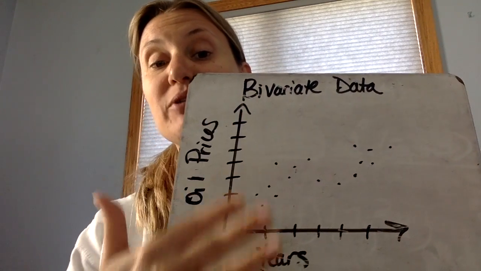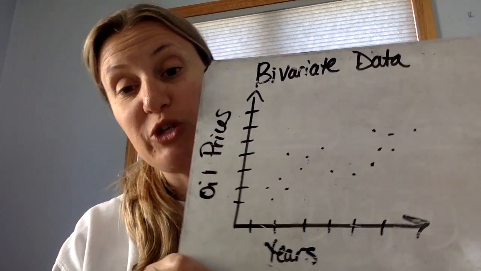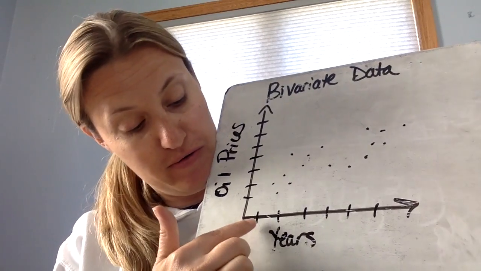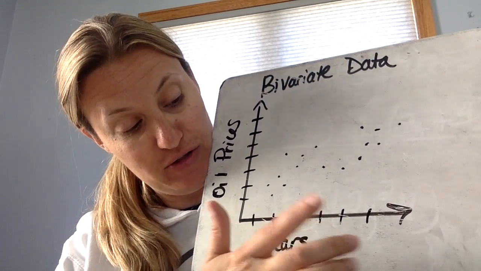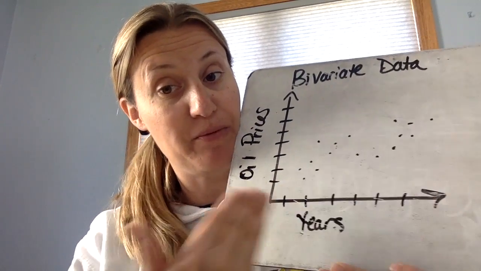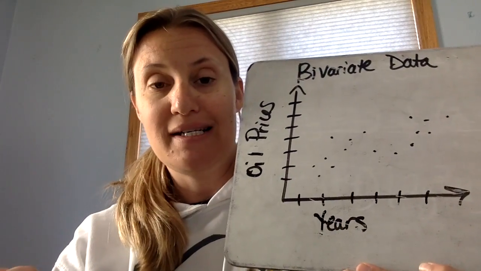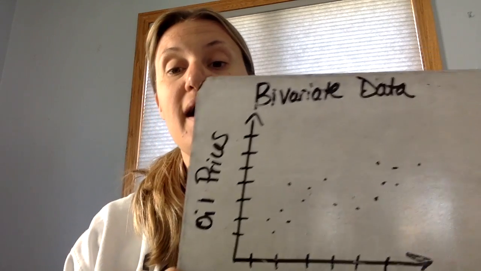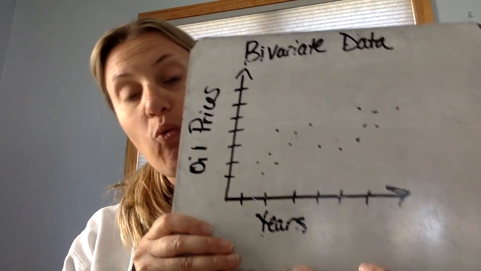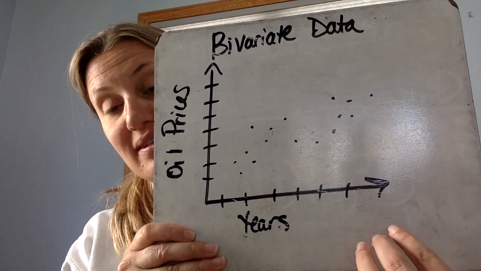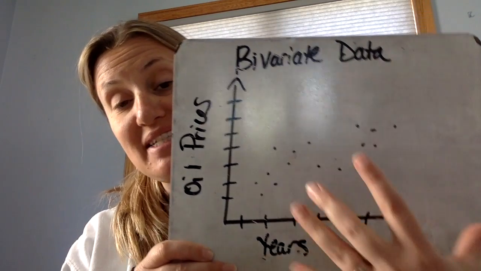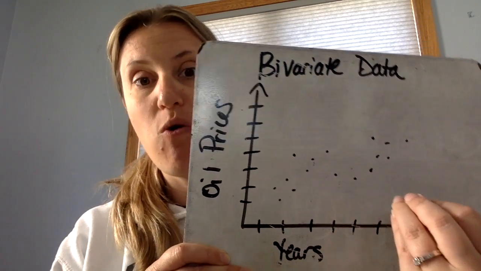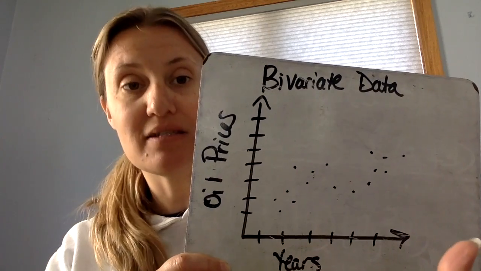Now, I didn't label these with numbers because I'm just sketching them to show you, but this could be the year, 1980, 1990, 2000, 2010, 2020, for example. Or it might be every 20 years, I don't know. And then these prices. But we're looking at how does the year affect the oil prices? Is there some sort of a correlation between these things? Okay.